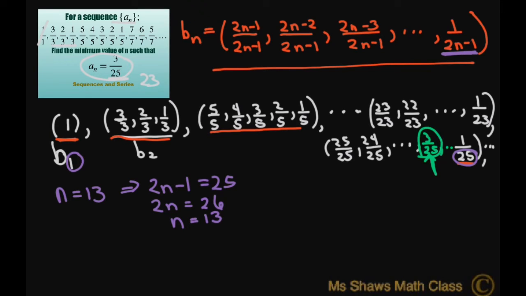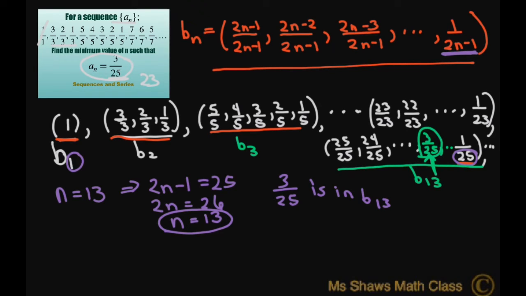That means since our number of terms is 13, our 3 divided by 25 is in b sub 13. This one is b sub 13, and this one right up here was b sub 12.